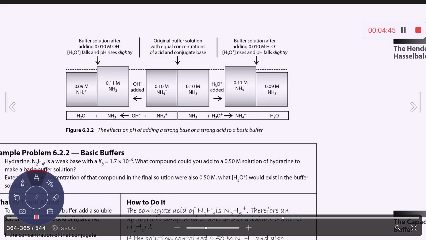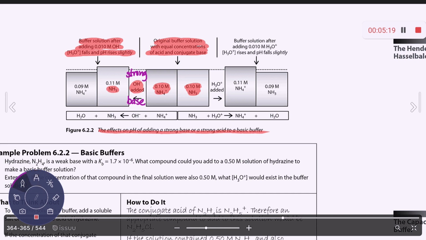Okay, so right here we've got what happens to the pH if a strong base or strong acid is added to a basic buffer. In the middle is your equal concentrations of weak base and conjugate acid. Here are my hydroxide ions being added, so this would be adding my strong base. What happens is the hydronium concentration falls and the pH rises.